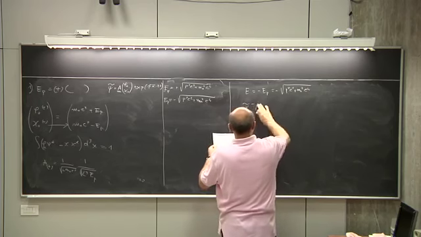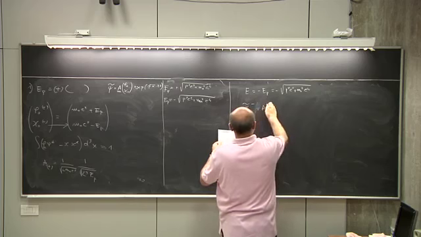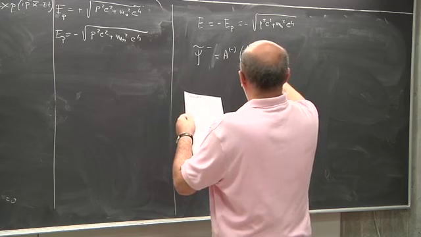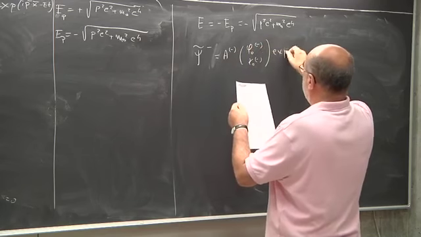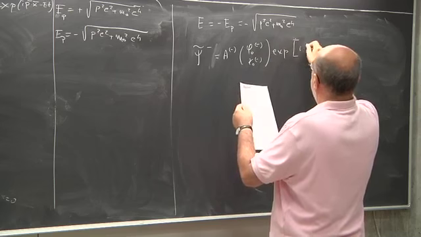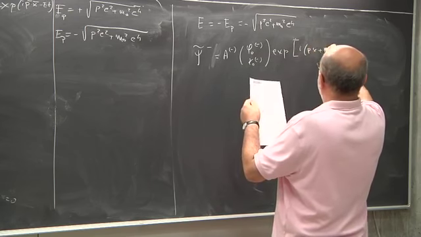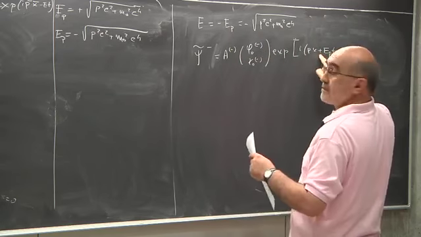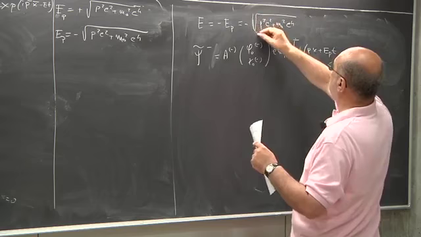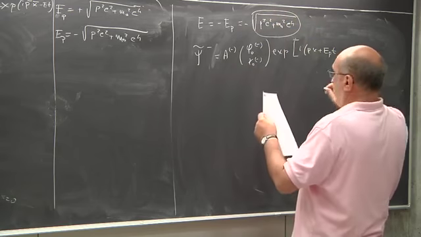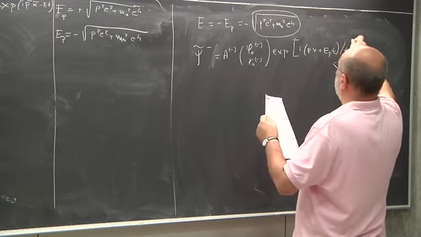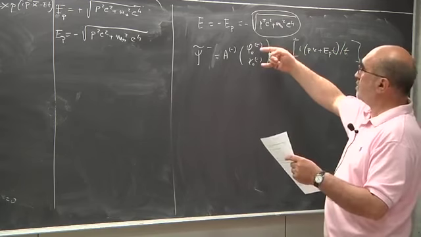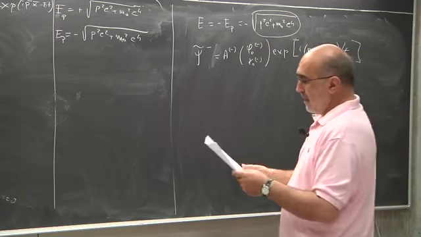It will be an A minus, then phi 0 minus, chi 0 minus, times exponential of minus E_P x plus E_P t, where E_P is the positive part, so it becomes a minus, and E_P is this over h bar.